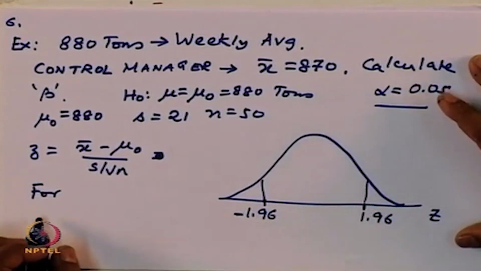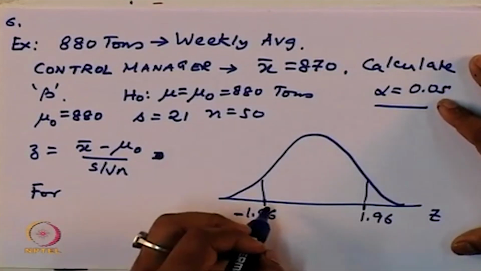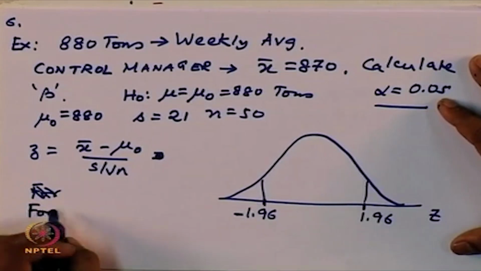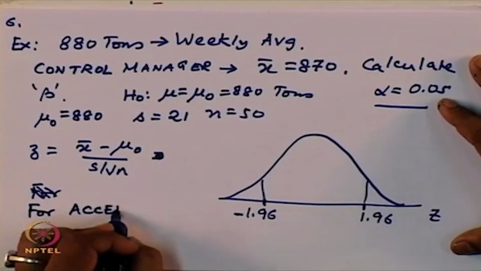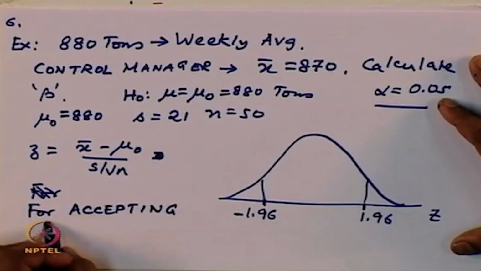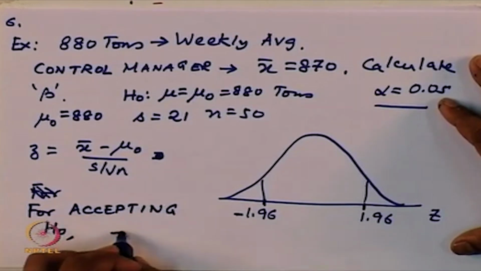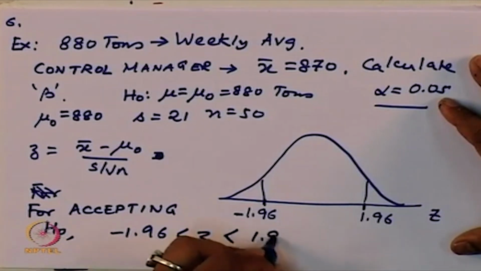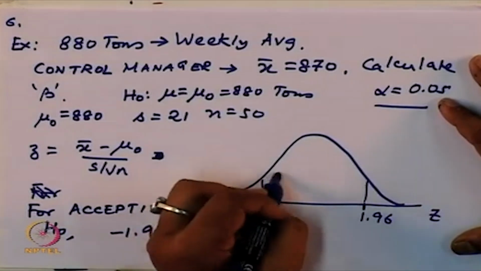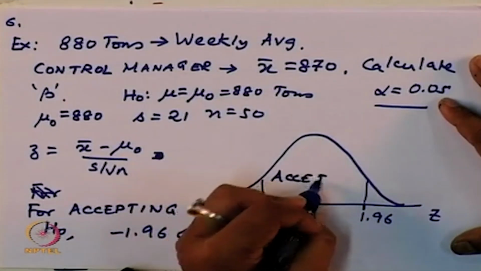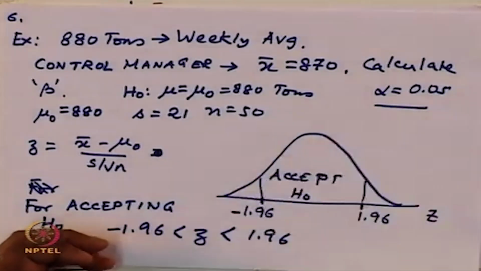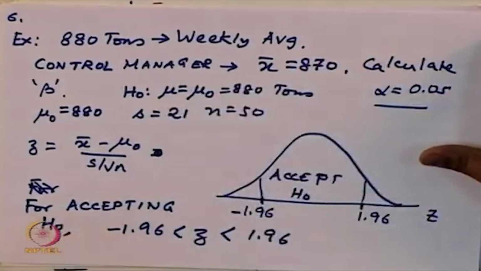So, for accepting H naught, my Z must be bound by this range, because this is my accept H naught area, the range over which I am going to accept my null hypothesis.